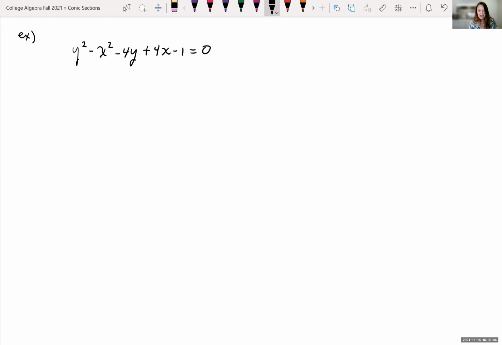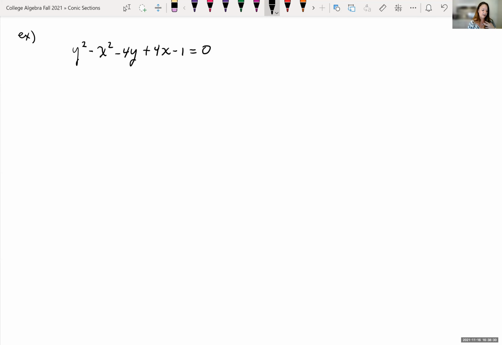Circles have the same number in front of the x squared and the y squared, and it has to be the same sign also. Ellipses have the exact same sign in front of x squared and y squared, but not the same number. Hyperbolas have opposite signs in front of x squared and y squared.